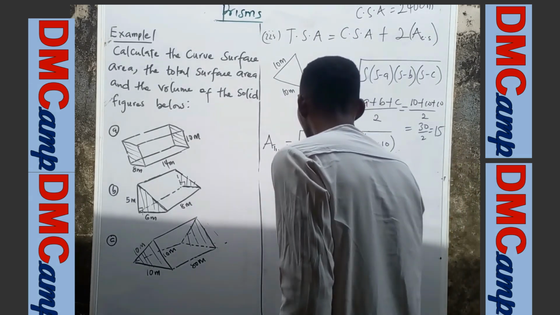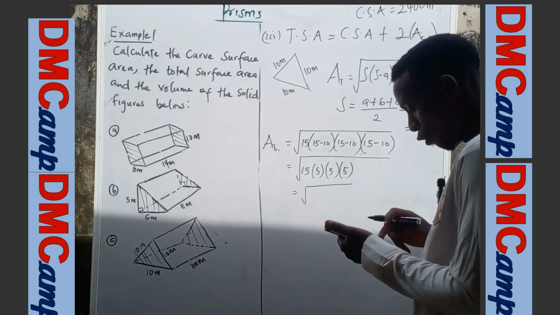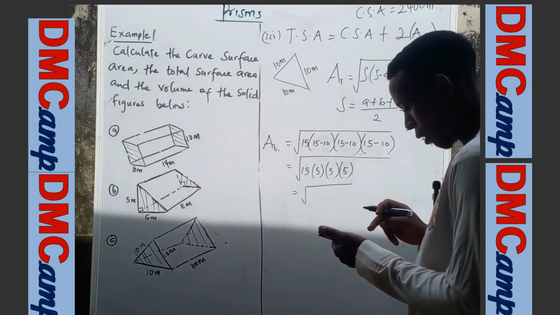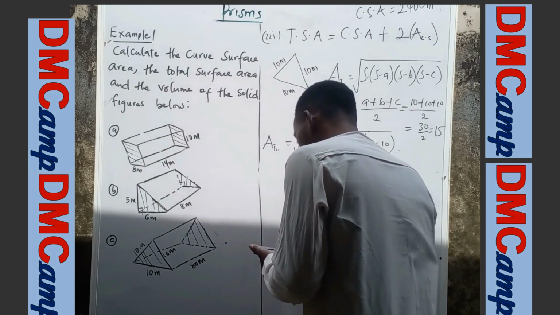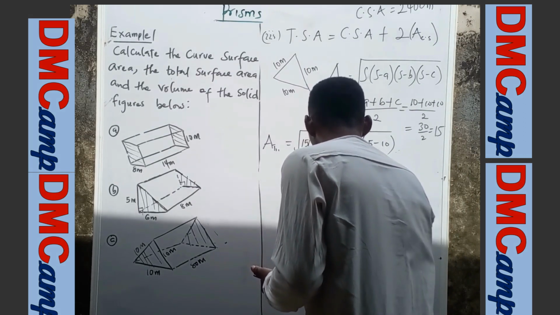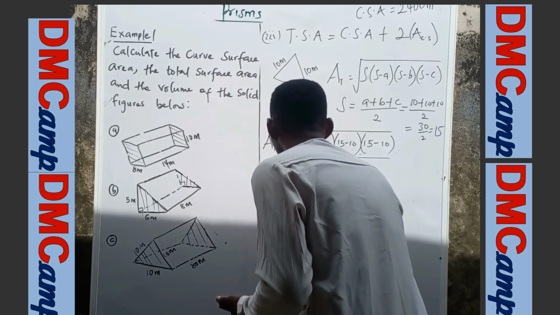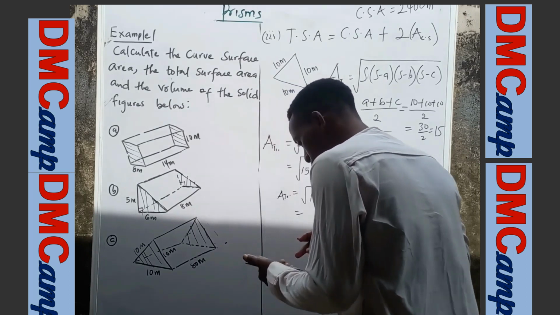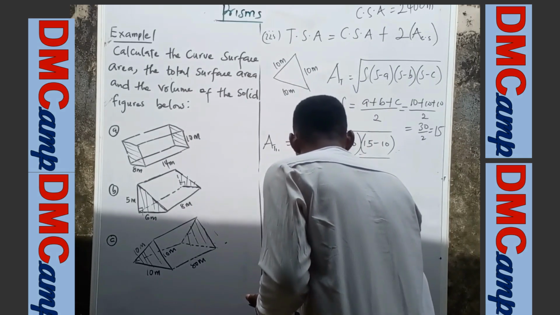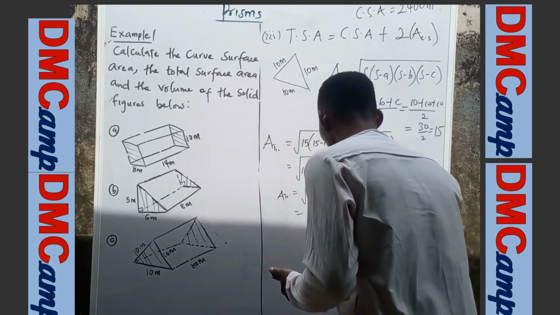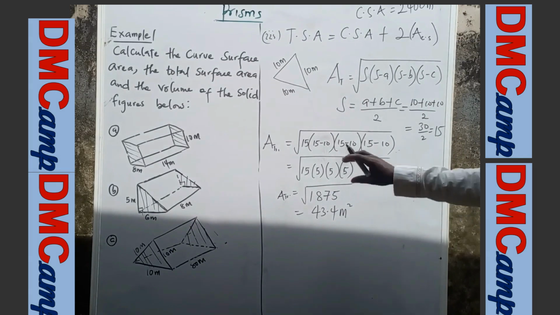So square root of 15 times 5 times 5 times 5. I have 1,875 here. So A, the area for the triangle, is the square root of this answer, which is 43.4 meter square. That is the area of this.